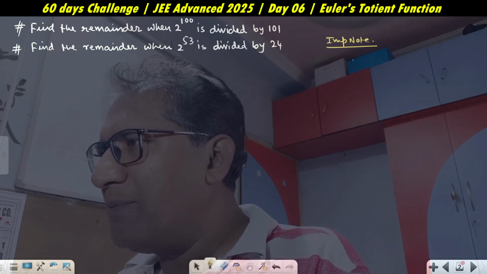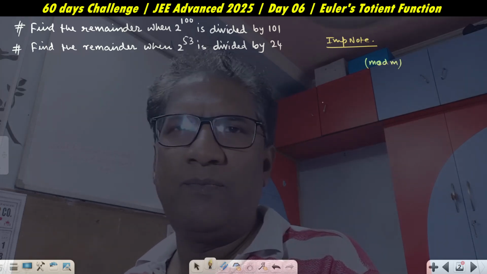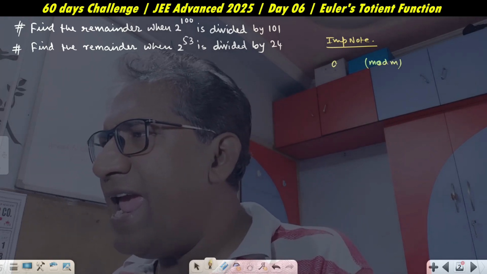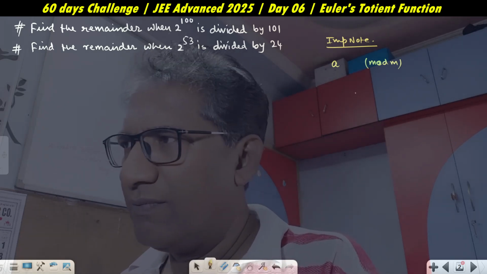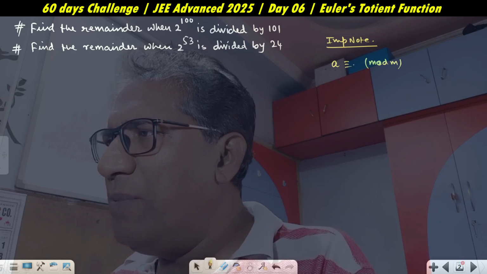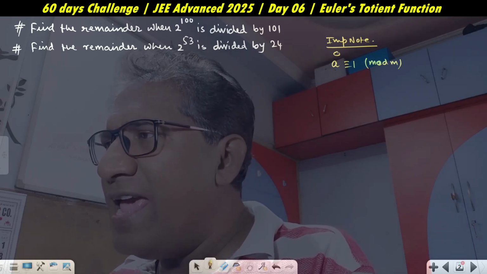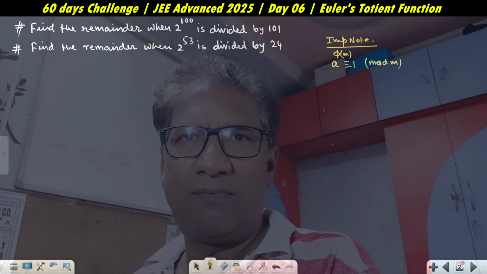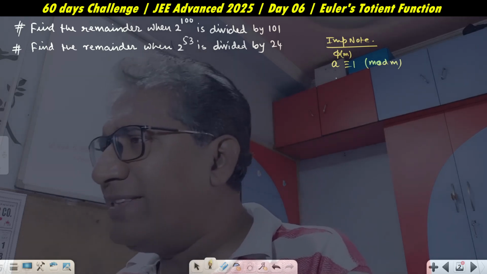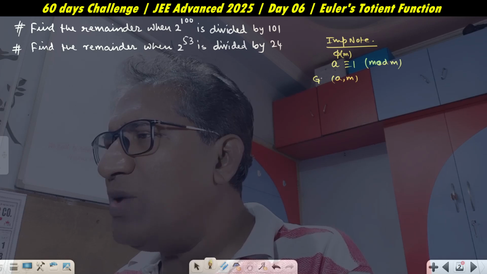If a number, let us say A, is divided by M, the remainder will be 1 if the power of A is the Totient number of M. But remember one thing here, A and M are co-prime to each other.